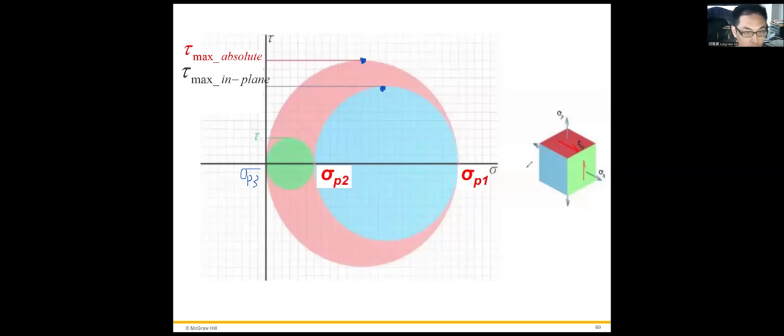In which plane? In this plane. And this point is also a maximum shear stress in-plane. In which plane? In this plane.